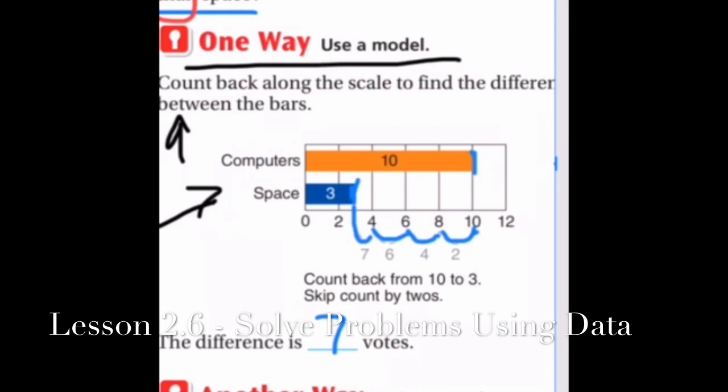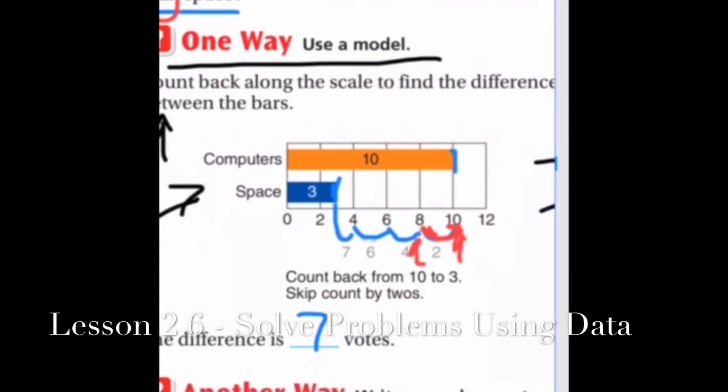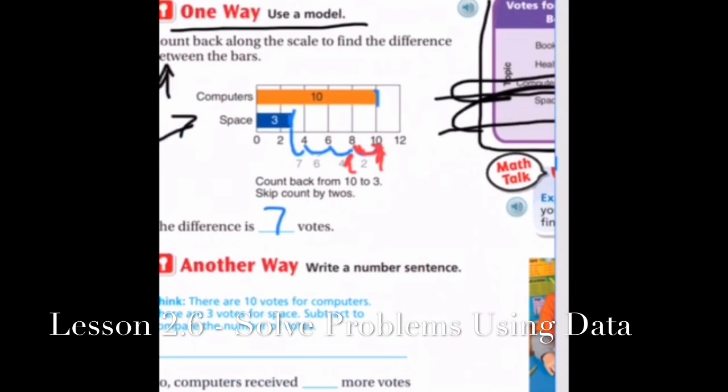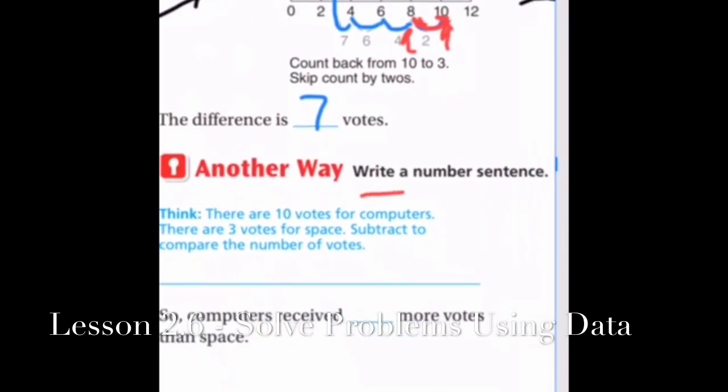When you're counting back, boys and girls, it's really important to start at one spot, move, and then count. So that would be 2. Don't start here and say 2. Move first and then count 2. All right, so that's one model. Another way is just to write a number sentence.